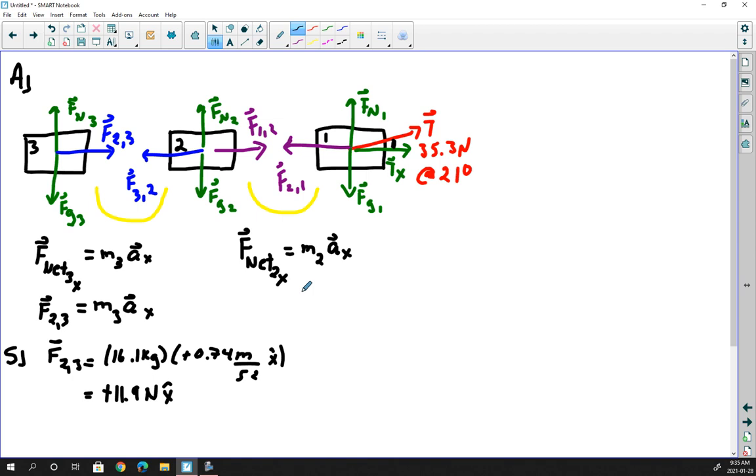So let's see what you did for this one here. Let's see if you got force from 1 on 2 plus force from 3 on 2 is equal to mass, the second object, times acceleration x component. And remember, we're looking to solve for this quantity right here. So what we're going to do is we're going to bring this quantity to the other side.